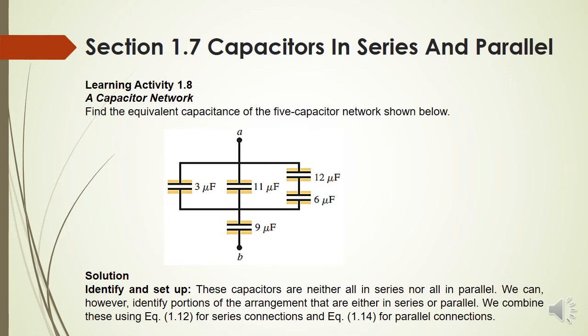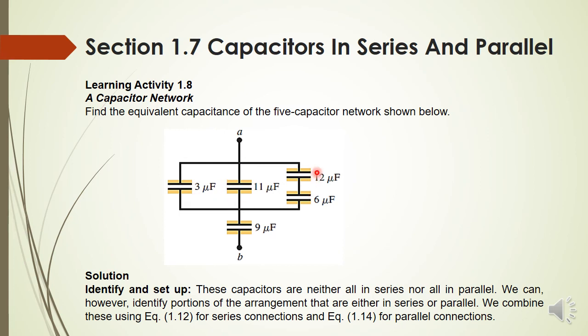Now, learning activity 1.8 entitled A Capacitor Network. We are given capacitors with their capacitance values. Find the equivalent capacitance of the 5 capacitors network shown below. From this network, you can see that it is connected in parallel and in series.